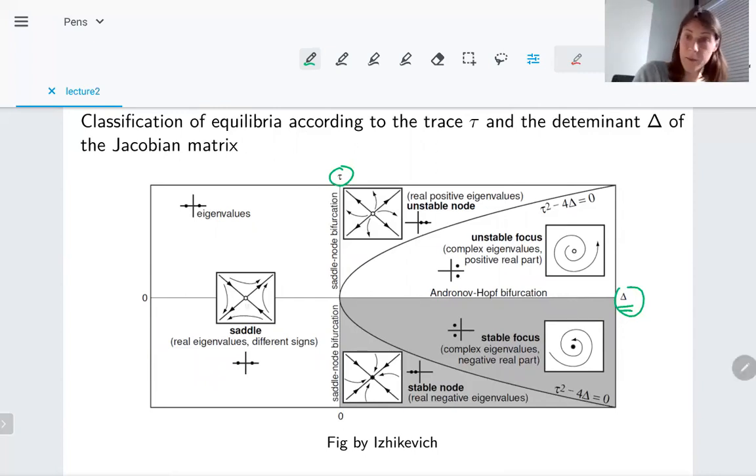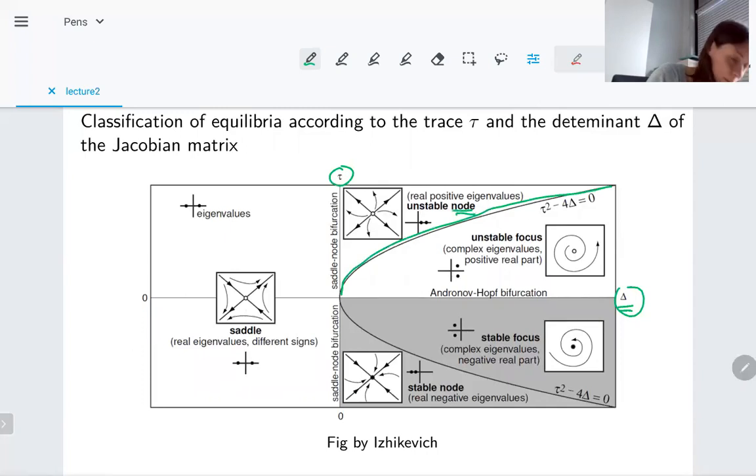So the type of equilibrium point is a saddle. While for positive values of the determinant, for positive traces, the equilibrium point is unstable, but above this curve it's a node.